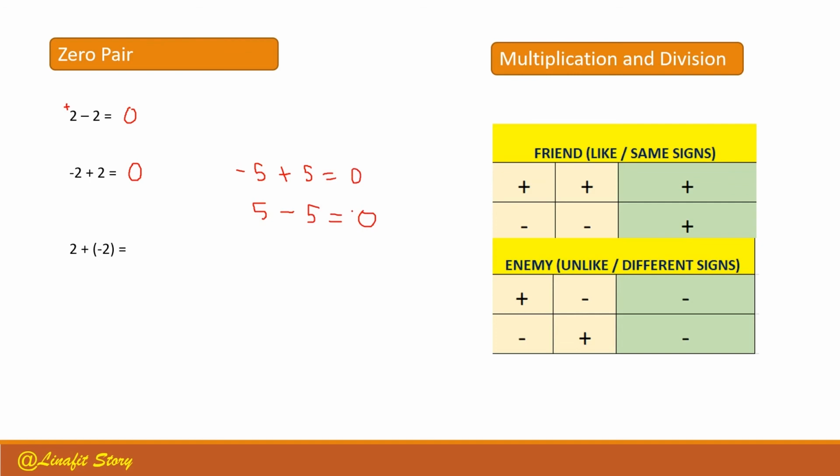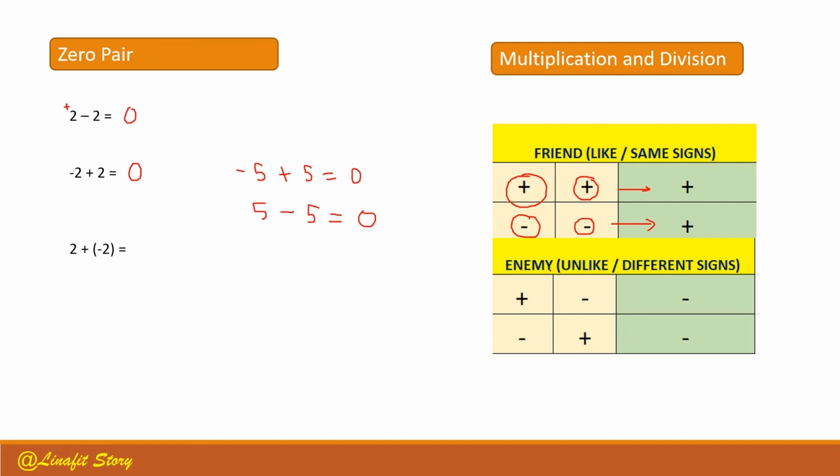Now, take a look at the table. If you meet your friend, which means the same sign or like sign, the result is positive. Friend means the same sign. Negative and negative becomes positive.